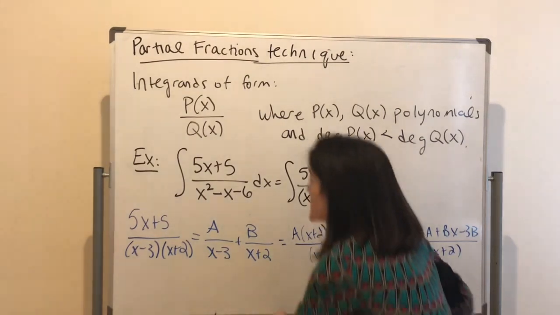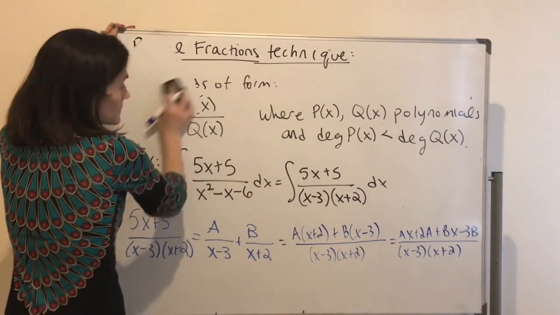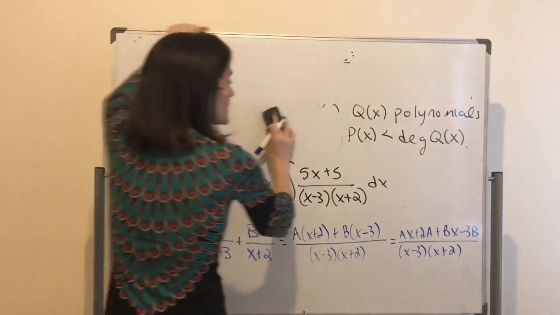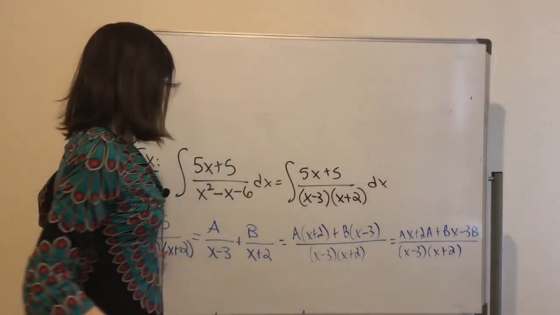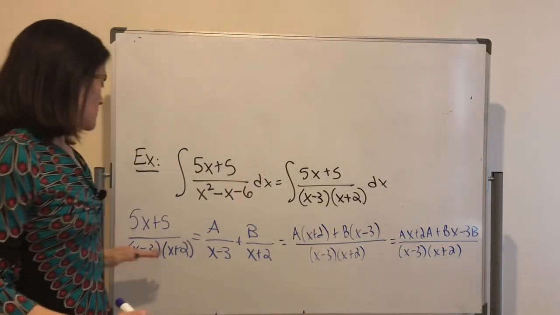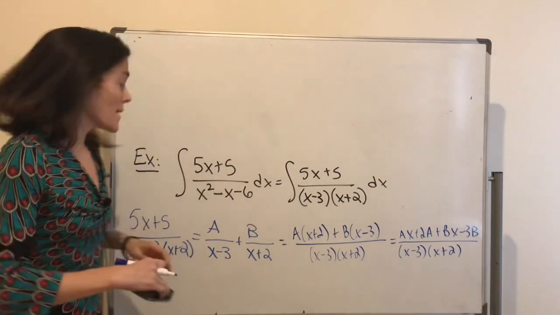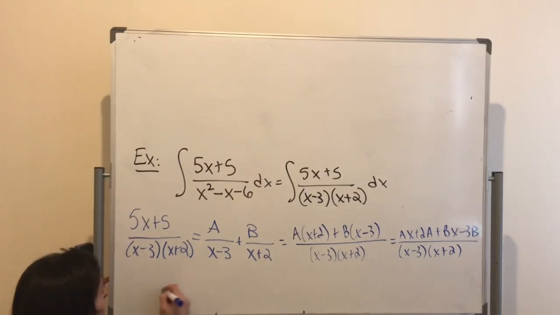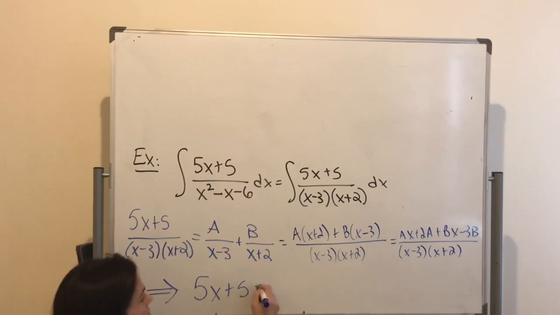Okay, at this point I might move up here to get some space. Now we have two rational functions, or you can think fractions, that are equal, and they have the exact same denominator. We can just set the numerators to be the same. So we must have 5x plus 5 equals, and now let me group some things.